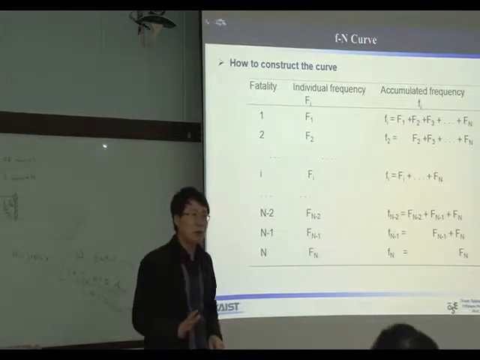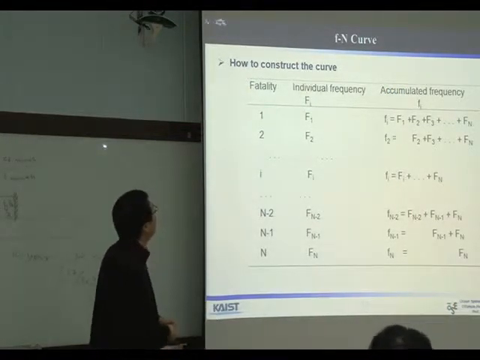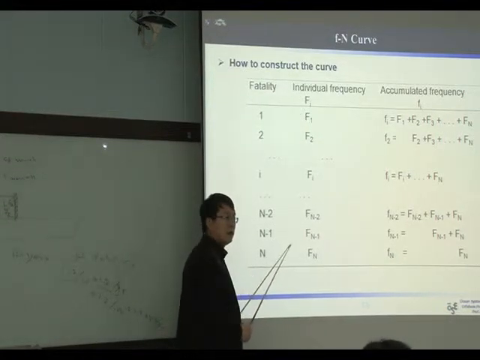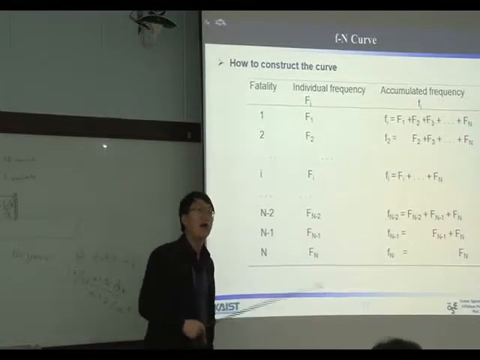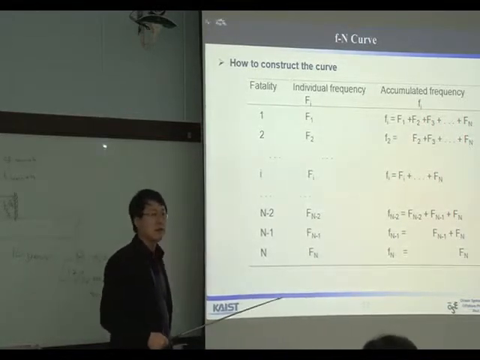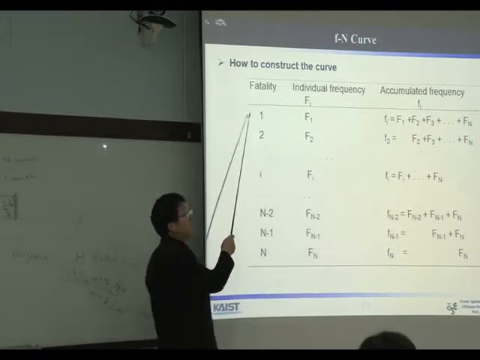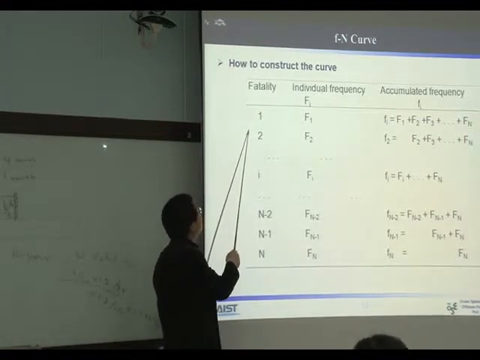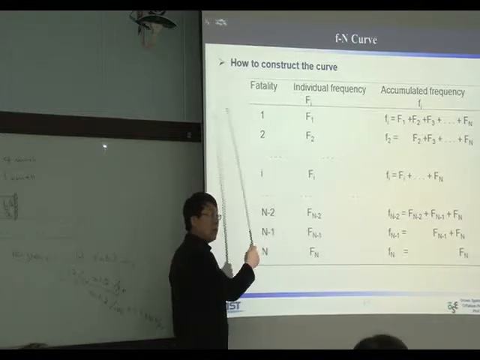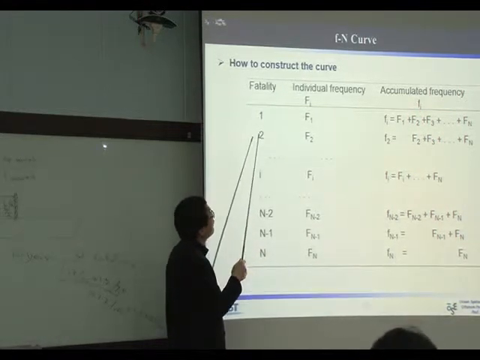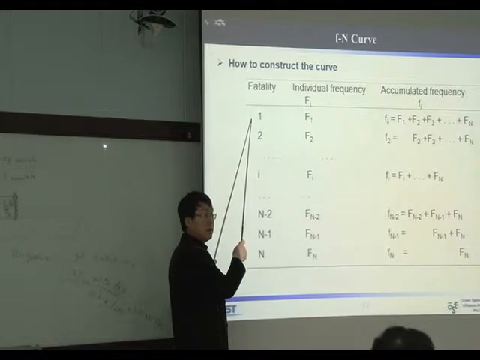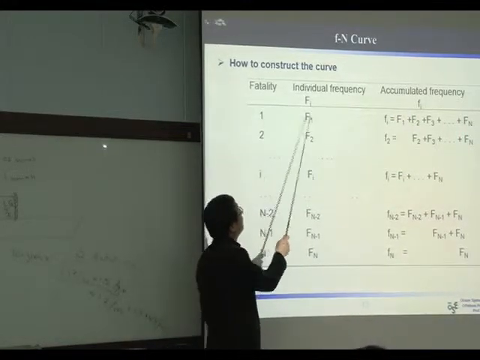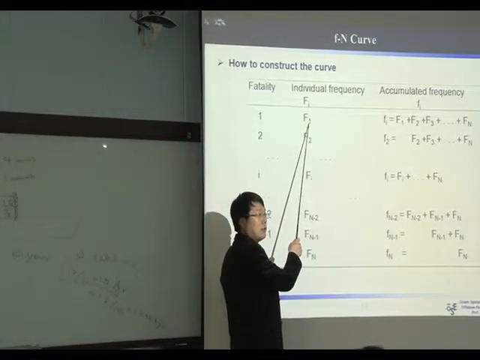So I prepared an example. There are many accidents, and I rearrange the accidents along the number of fatalities. In this table, one person died in an accident, and the frequency of that accident is F1.